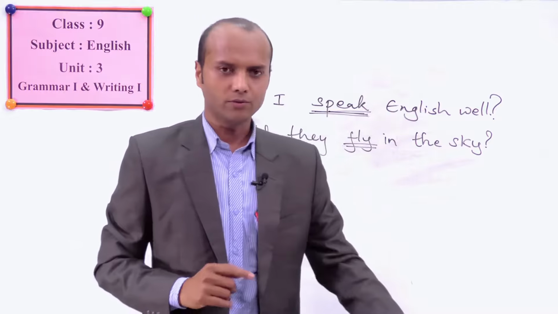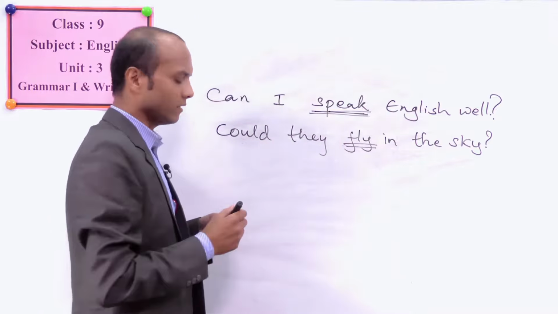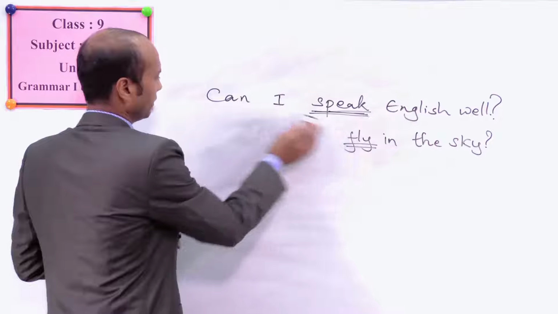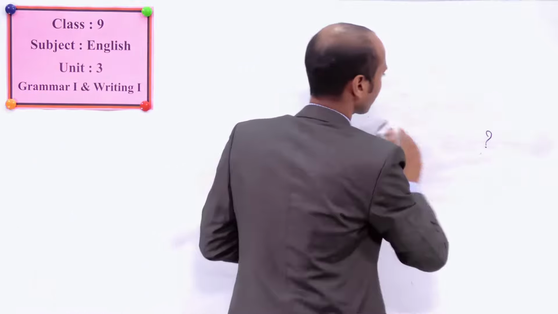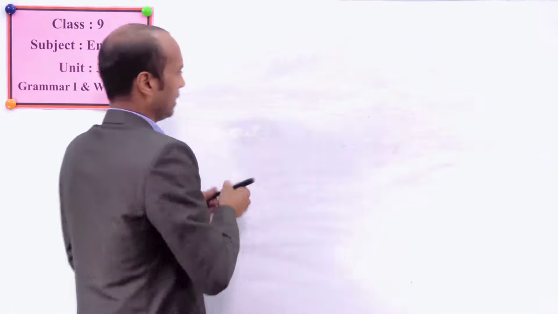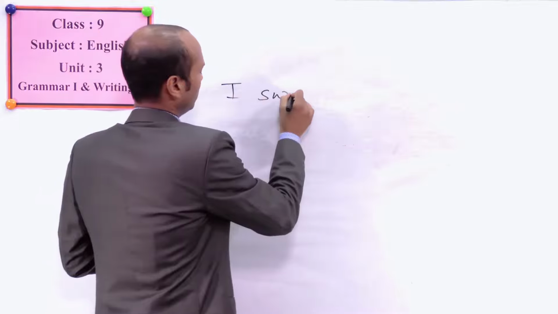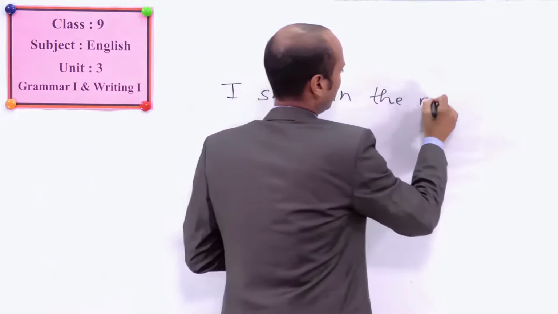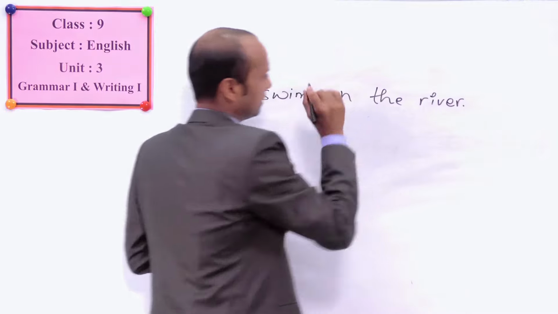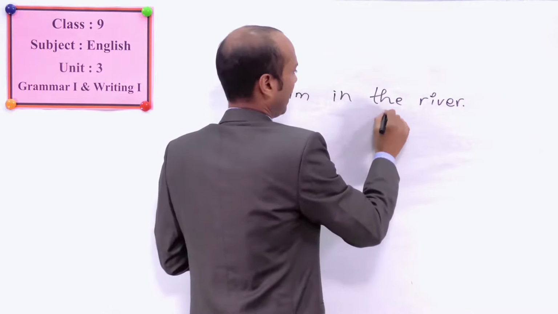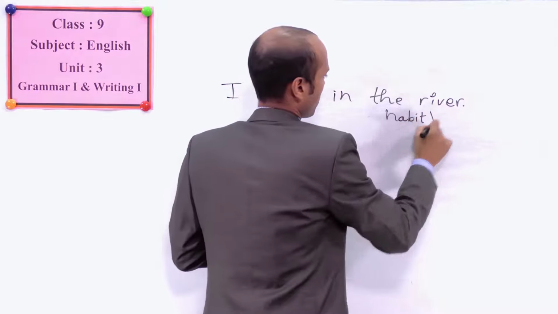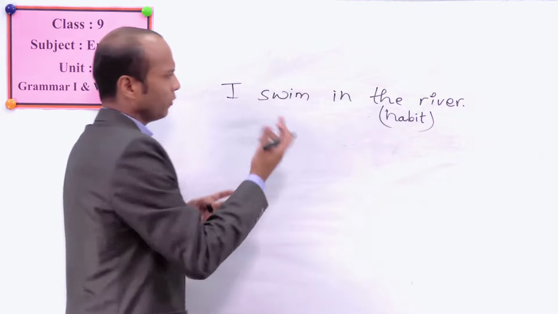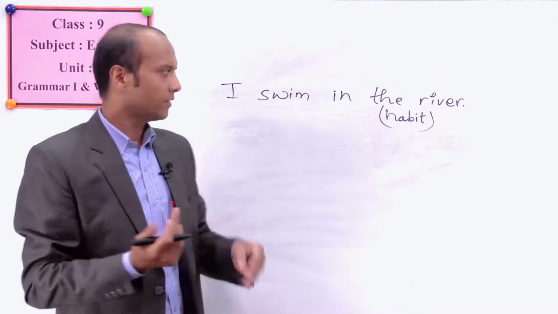And one more thing, dear students. How is the meaning differentiated between other verbs and modal verbs? For example, I swim in the river. It means it's a sort of habit. Got it? I swim in the river every Saturday, something like that.